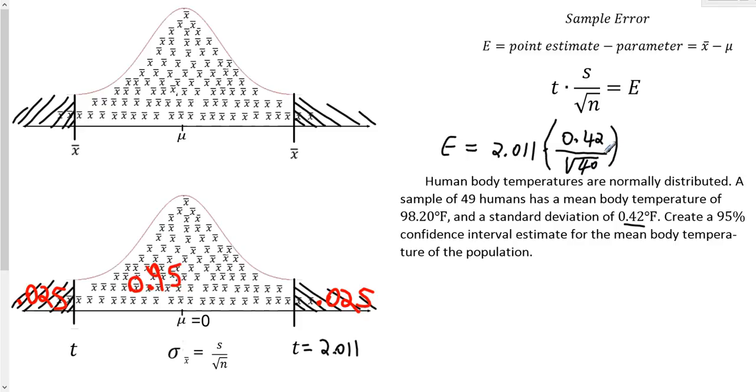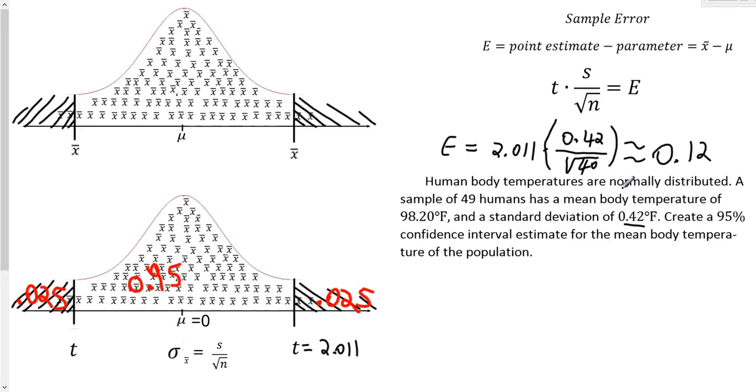All right, so calculating the margin of error then. The margin of error turns out to be 0.12 approximately, when I round it to two decimal places. Okay, here's what that means.